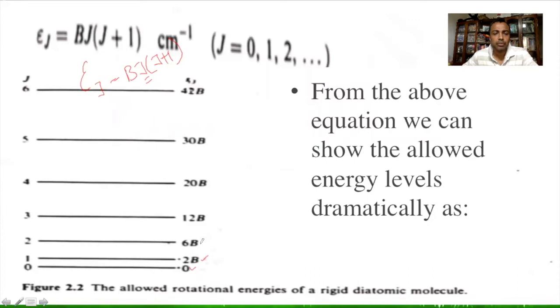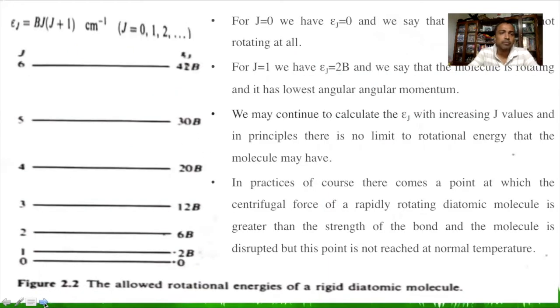Similarly for 2, it will be 6B, and accordingly it will keep increasing. It can increase up to infinity also, so to limit it, we are considering up to J equal to 6. Here is the diagrammatic representation of the rotational energy of a rigid diatomic molecule.